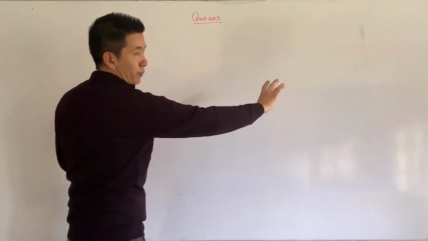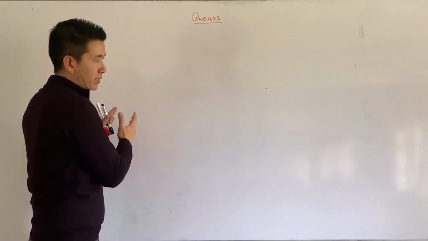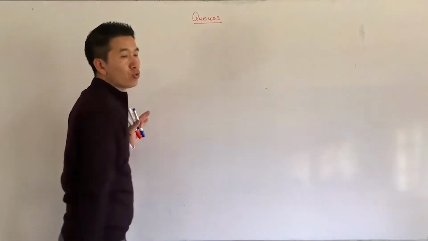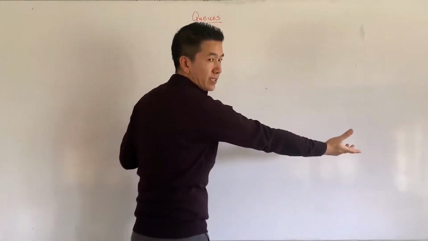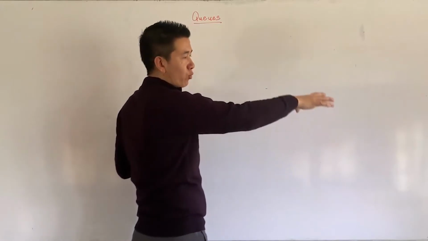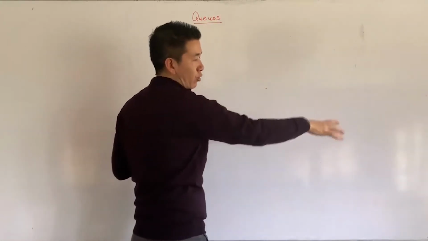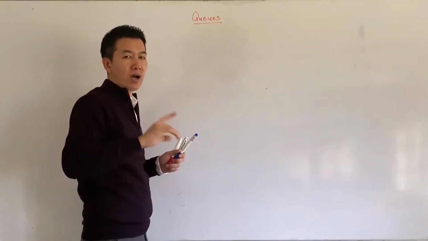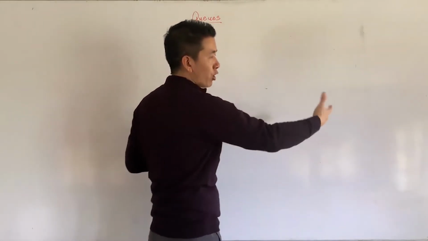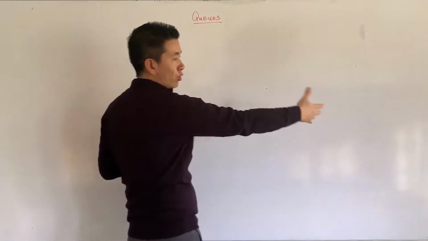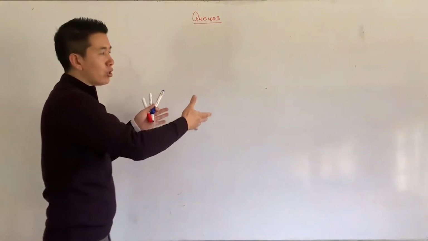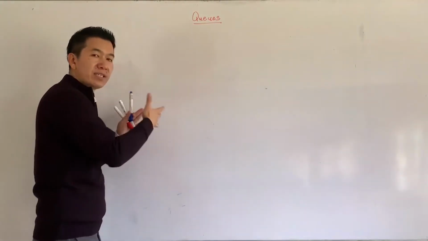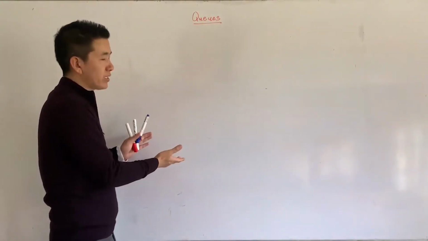So insertion in the queue will take place at the end, or the rear, R-E-A-R, which means at the back or at the end. When elements need to be removed from the queue, it needs to happen at the start, which you could actually call the front.